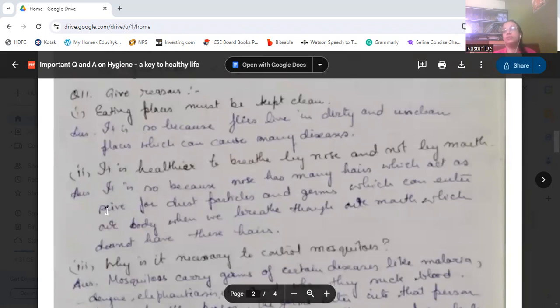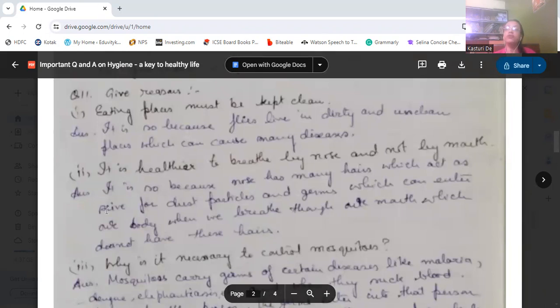So eating places should be clean so that the flies do not come there and spread the disease. It is healthier to breathe by nose and not by mouth. In our nose, we have certain hairs that act as a sieve for the dust particles as well as for the germs.